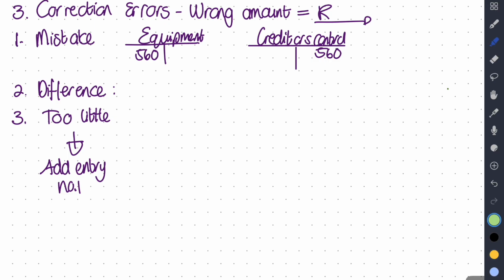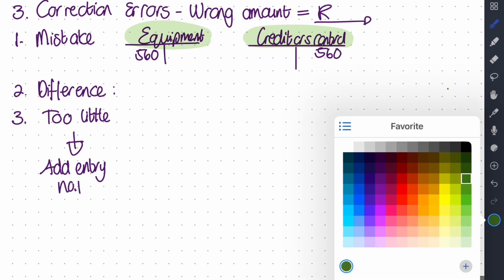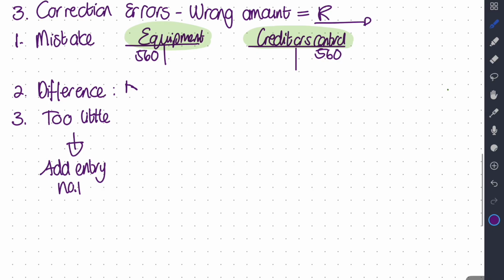So let's say, for example, equipment was the account that was debited, and creditors control was the account that was credited with 560. That is not the correct amount. So you need to calculate the difference between the correct amount and this.